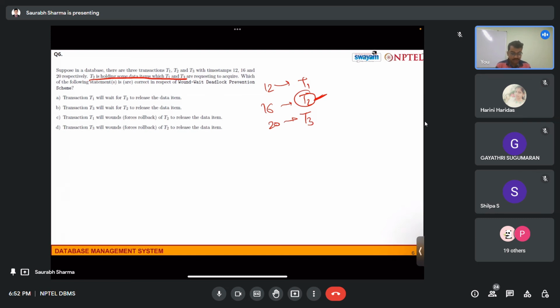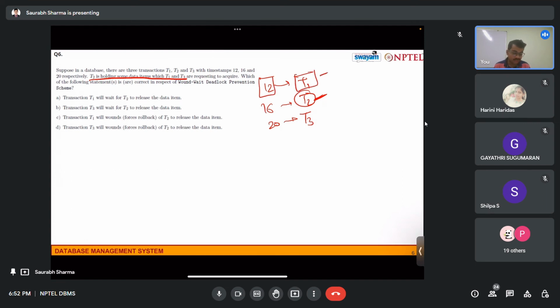In wound-wait deadlock prevention, the older one, meaning the one with the smaller timestamp, forcefully rolls back the other. Which is the older one? T1 has the smaller timestamp.